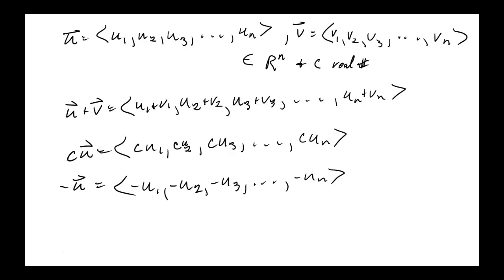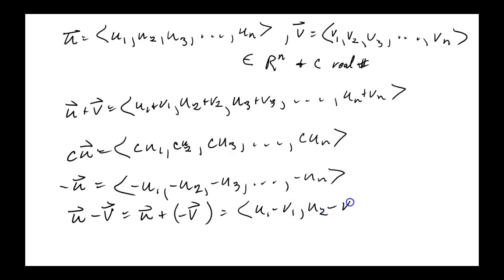When you talk about vector subtraction, u minus v, it's just u plus the negative of v, which we just defined. And that gives us u1 minus v1, u2 minus v2, u3 minus v3, dot, dot, dot, up to un minus vn.